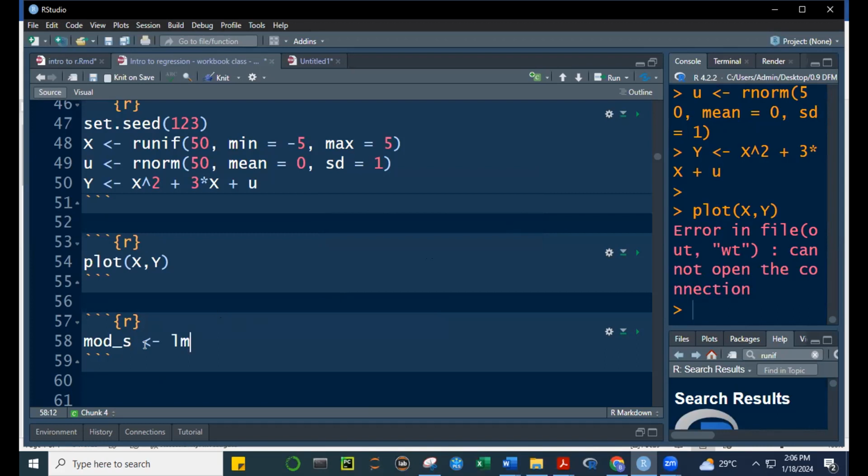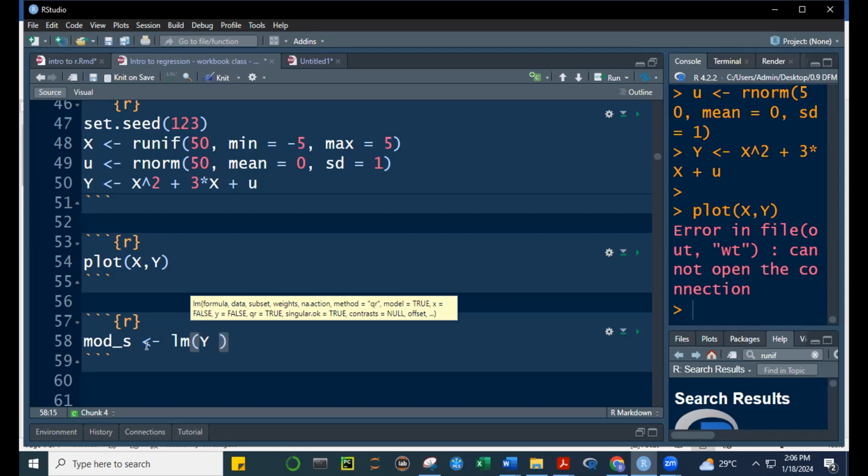So if you're running a regression model, just use LM, and then you identify ano ba yung dependent variable natin dito. Ang dependent variable natin is your y, okay? And you want to regress your y, you use shift, backtick, yan, tilde. That tilde, class, is nasa upper left, no?